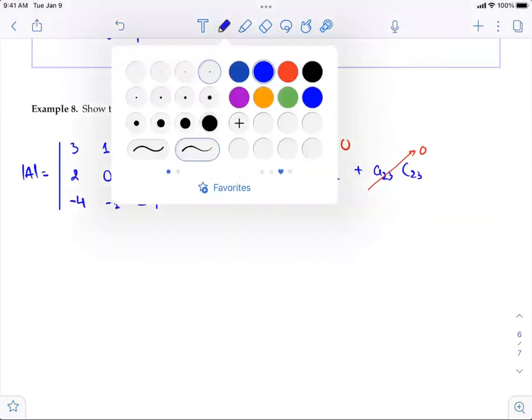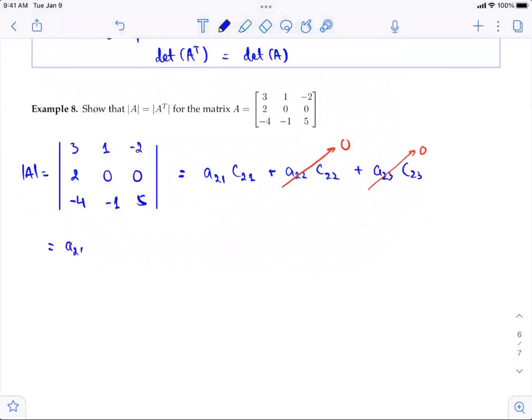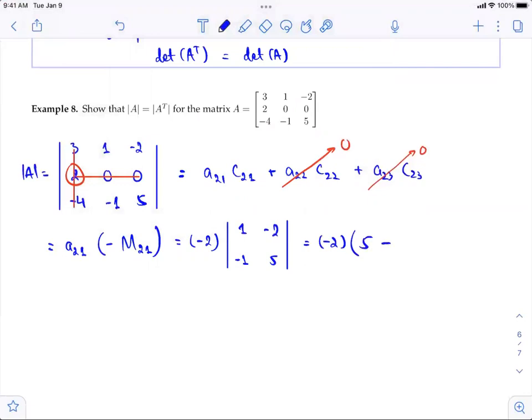So this is A21 times negative M21, which is -2 times the determinant of the matrix left after deleting the corresponding row and column. You're left with 1, -2, -1, 5. This is -2 times (5 minus 2), which is equal to -6. So that's the determinant of A.